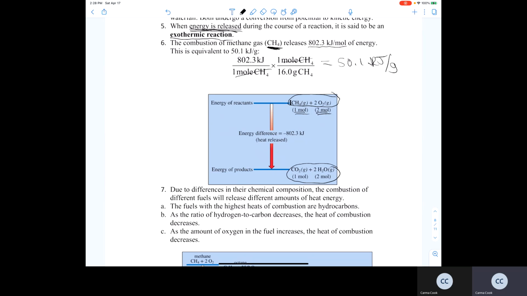So here is an energy level diagram. Here you have the energy of the reactants. Down here is the energy of the products. The energy difference is your delta H of combustion. This is your heat of combustion.